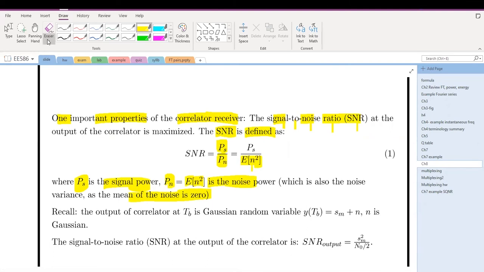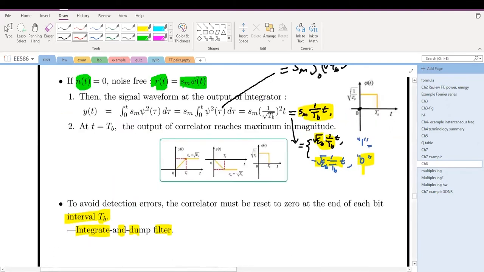Let's look at the SNR for the correlator receiver. At the correlator, the output is at this point. So at small t equals Tb, this point equals square root Eb divided by Tb, times Tb, and this equals square root Eb.